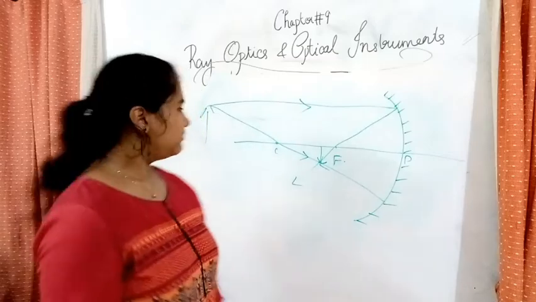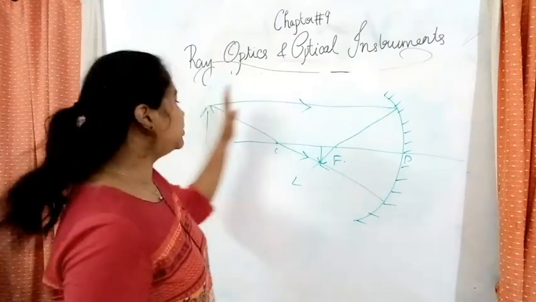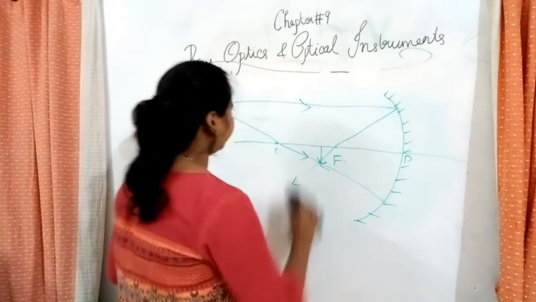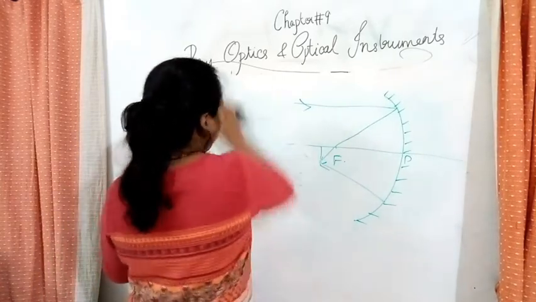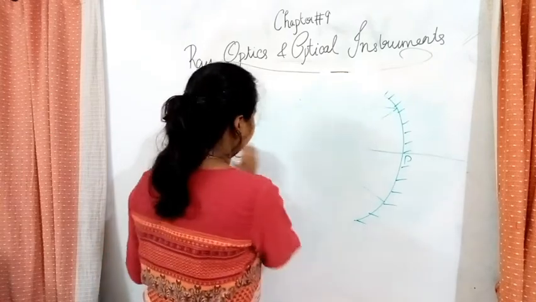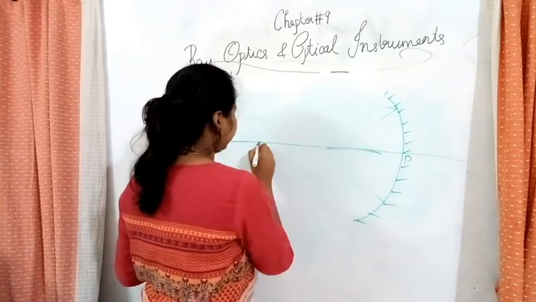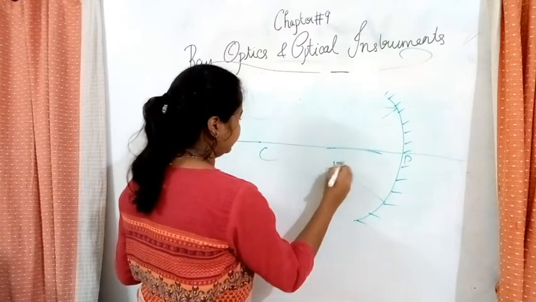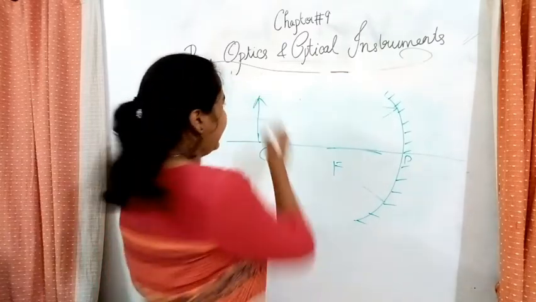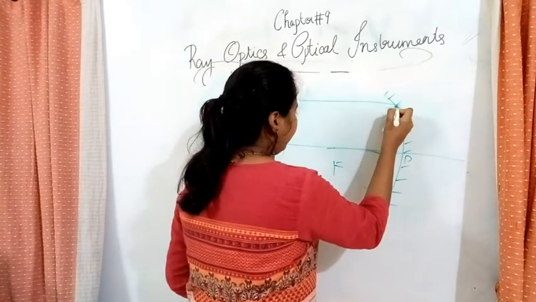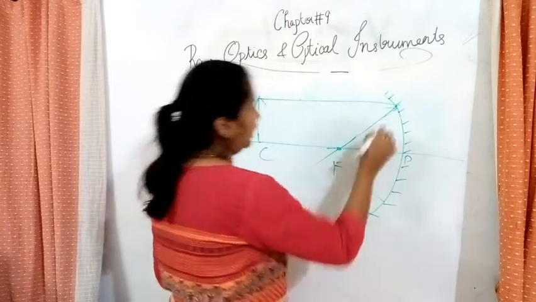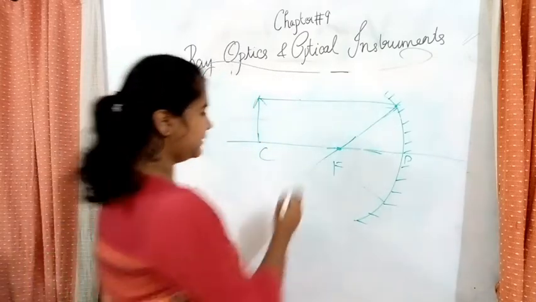Okay. Now let's move this object to the center of curvature and see what will happen. So, let's take the next position, that is our center of curvature. Now our object is at the center of curvature. So, as before, the ray will pass through the focus.